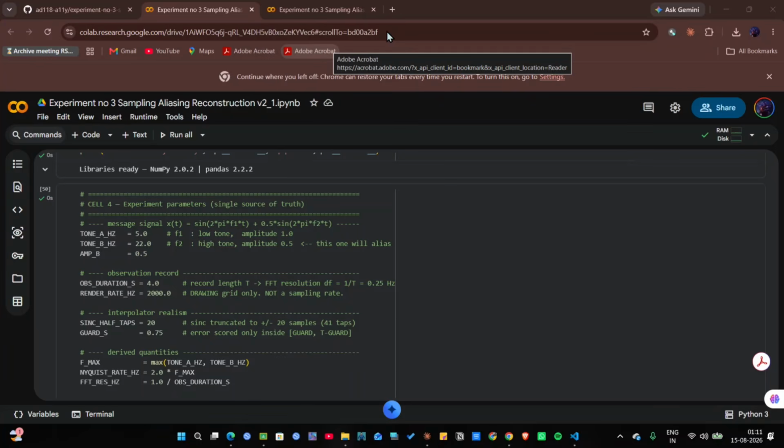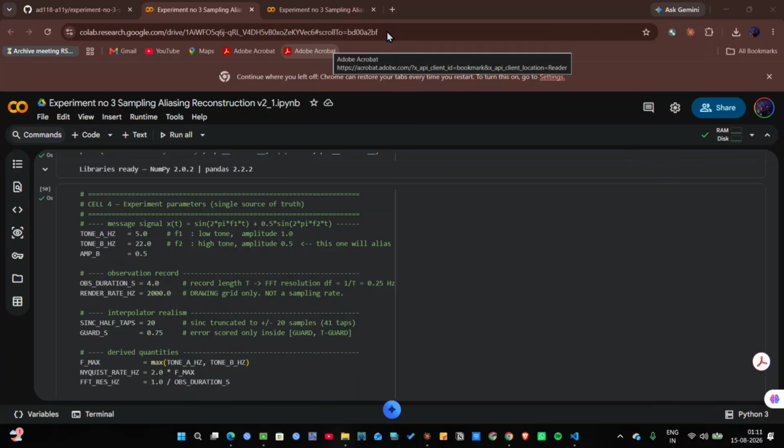Figure 3, the spectrum, clearly shows only the original 5 Hz and 22 Hz tones with no aliasing.